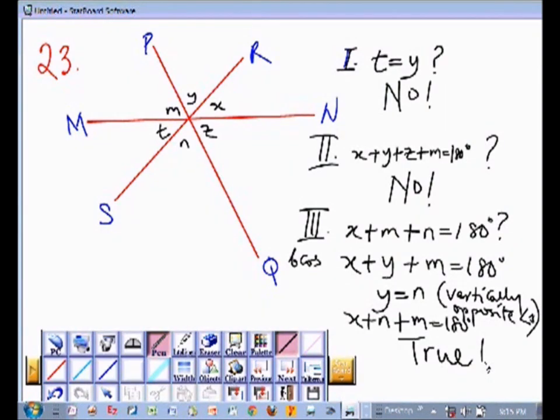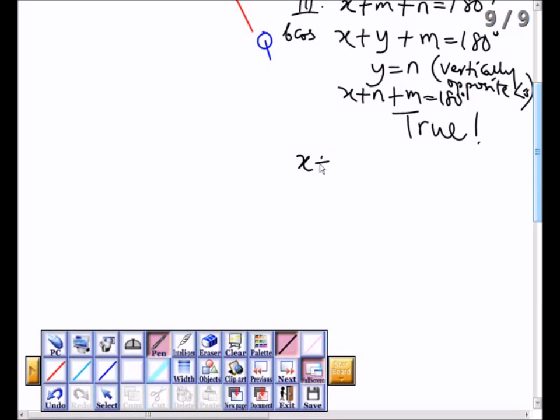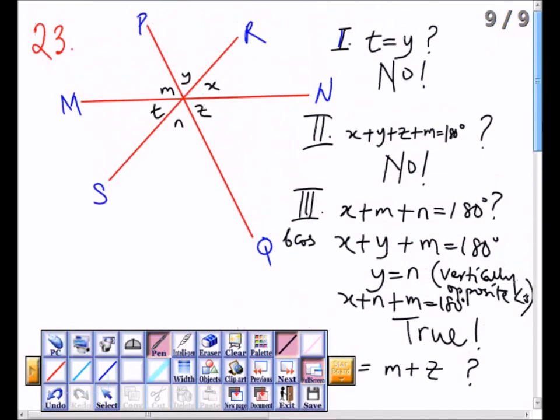So let us consider the last statement, 4. Here it is suggested that x plus n is equal to m plus z. Now we go up to check the diagram.